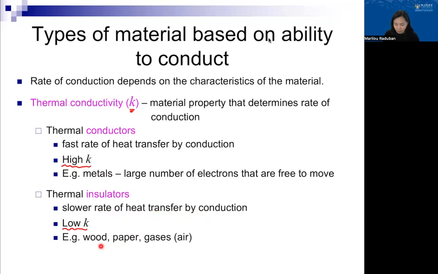Good examples of insulators are given here: air, wood, paper. Wool is also a good thermal insulator. Just think about what materials they use to manufacture thermal clothes, for example, or down jackets. Those are some examples of thermal insulators.